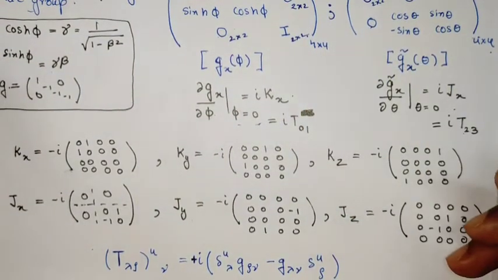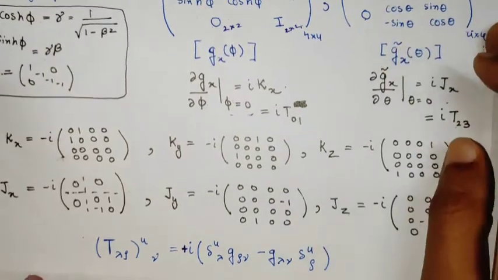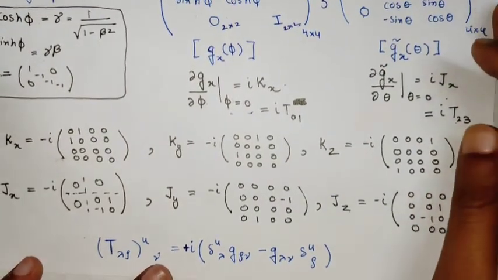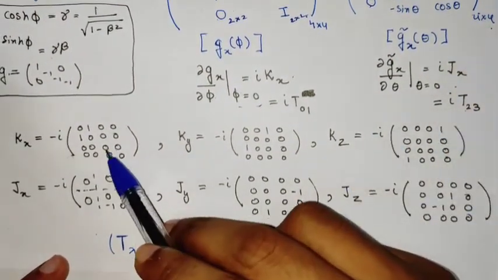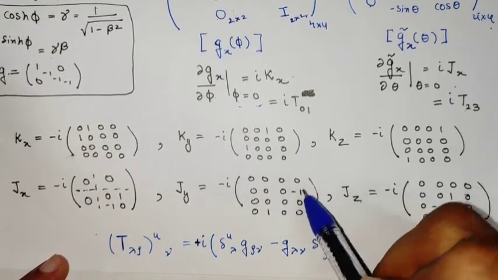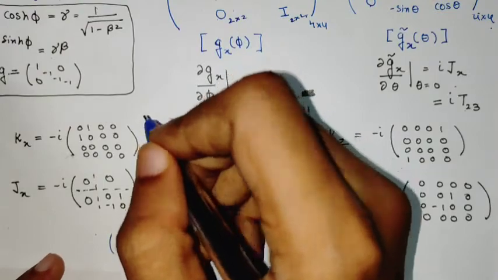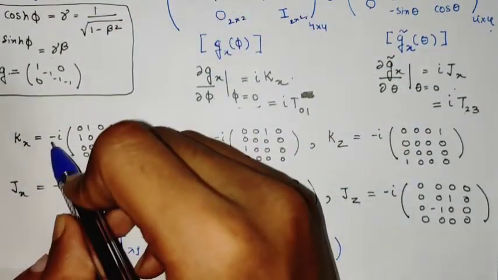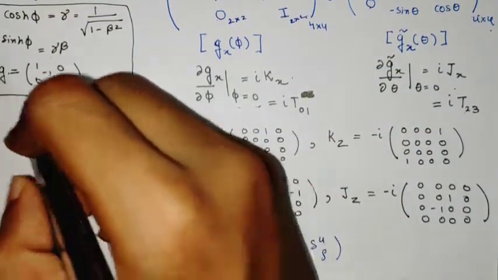And the point is, these generators can now be combined in a very simple manner, because it is always difficult to write this entire matrix form. What we can do is we introduce something called an anti-symmetric matrix notation.